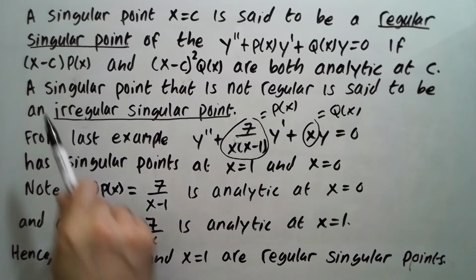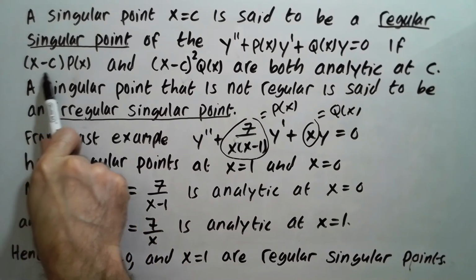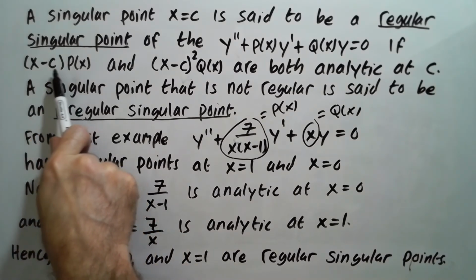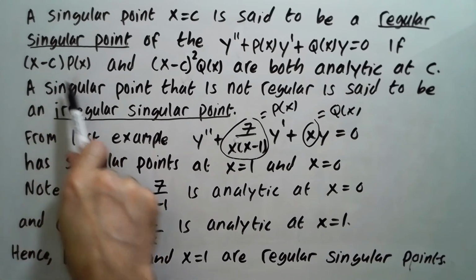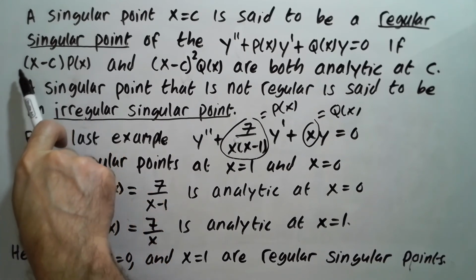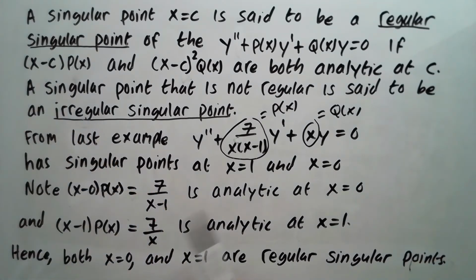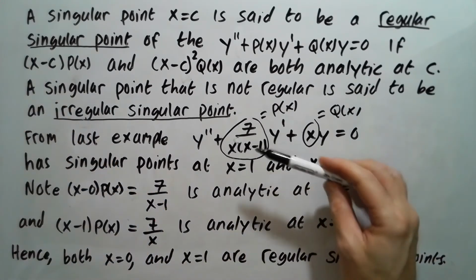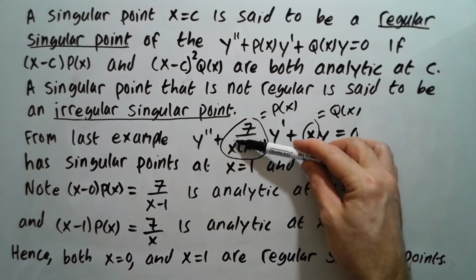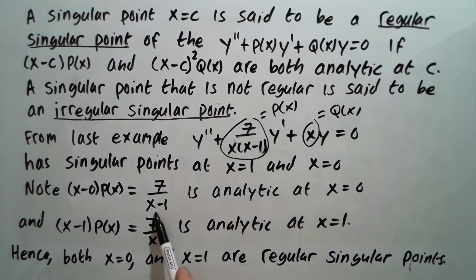So pretty much multiplying by x minus c times my p has to get rid of the dividing by 0 point at the bottom. So I'd have to cross off an x minus c in the bottom to be regular. And it does in this case, but if this had a higher power, like a 2, then this would not be analytic, and x equals 0 would be an irregular point.